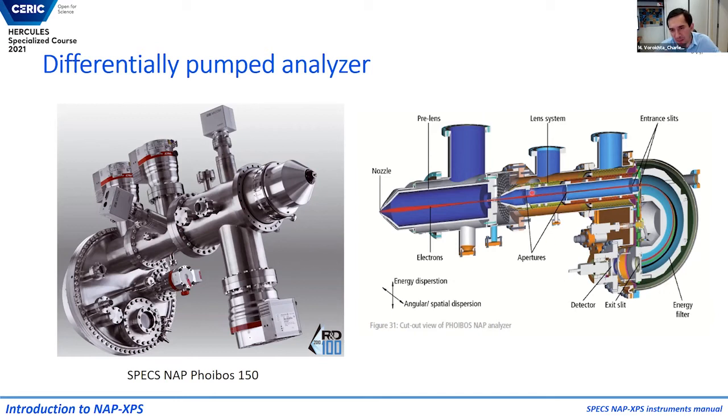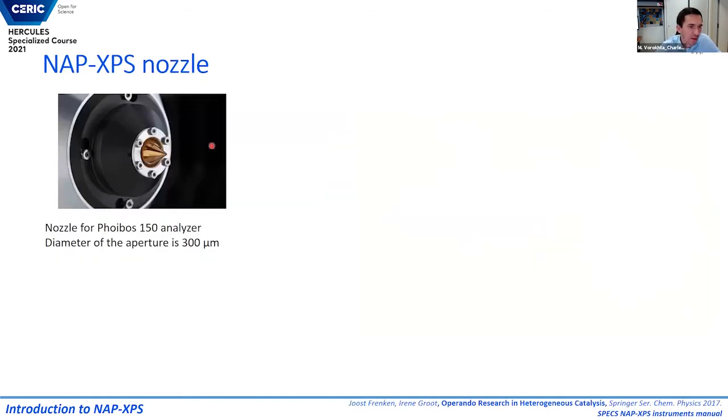Inside the analyzer, as I said, there are electrostatic lenses, which have some potential to keep the electrons as one beam, so then you don't lose much. At the end of this analyzer, you have this small nozzle, a small aperture with a size of 300 micrometers as standard, or 700 micrometers.